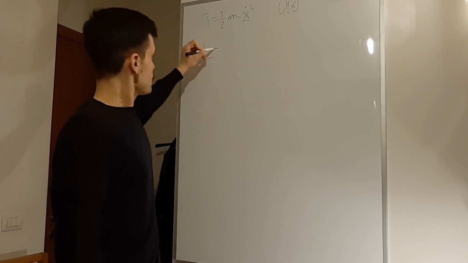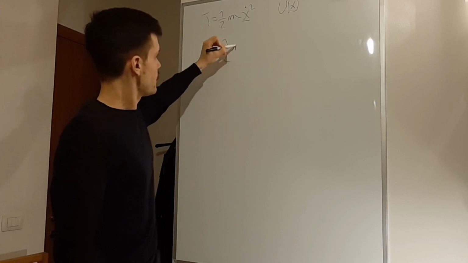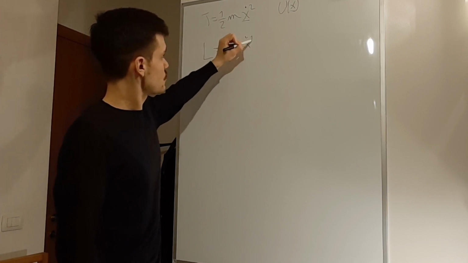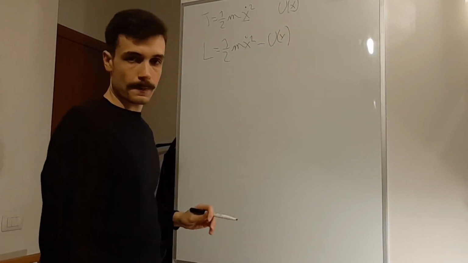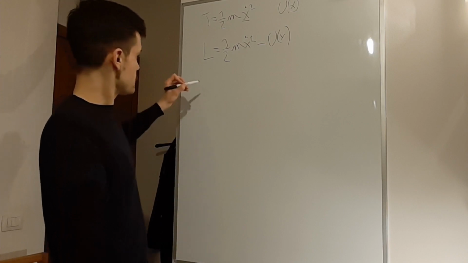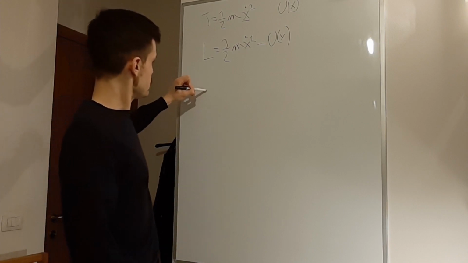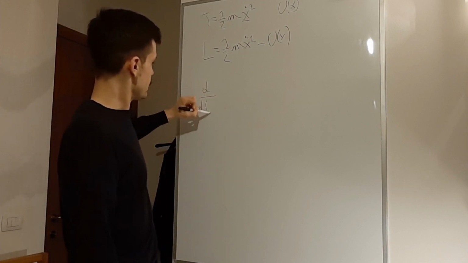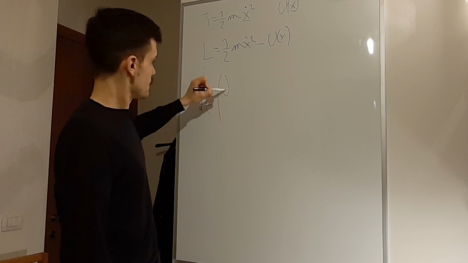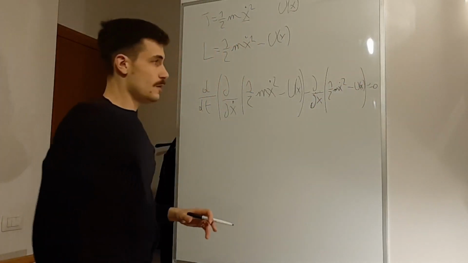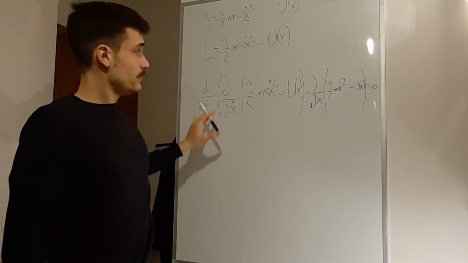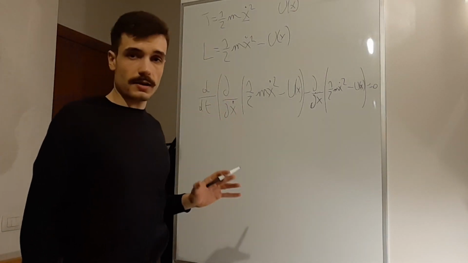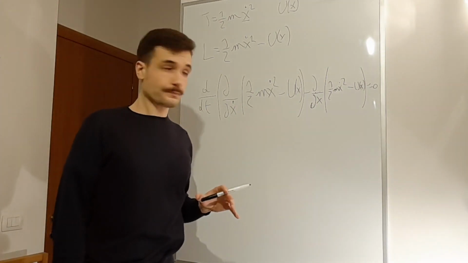So the Lagrangian will be 1/2 m x dot squared minus U of x. At this point, we are going to insert it inside the Lagrange equation. I got a little bit short on space, but I have put my Lagrangian inside the Lagrange equation.